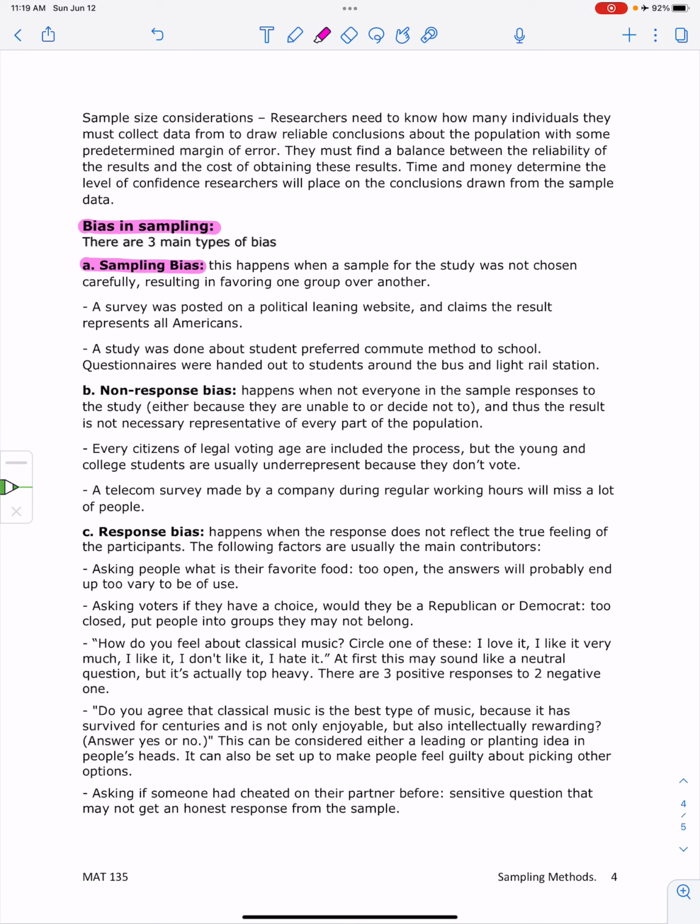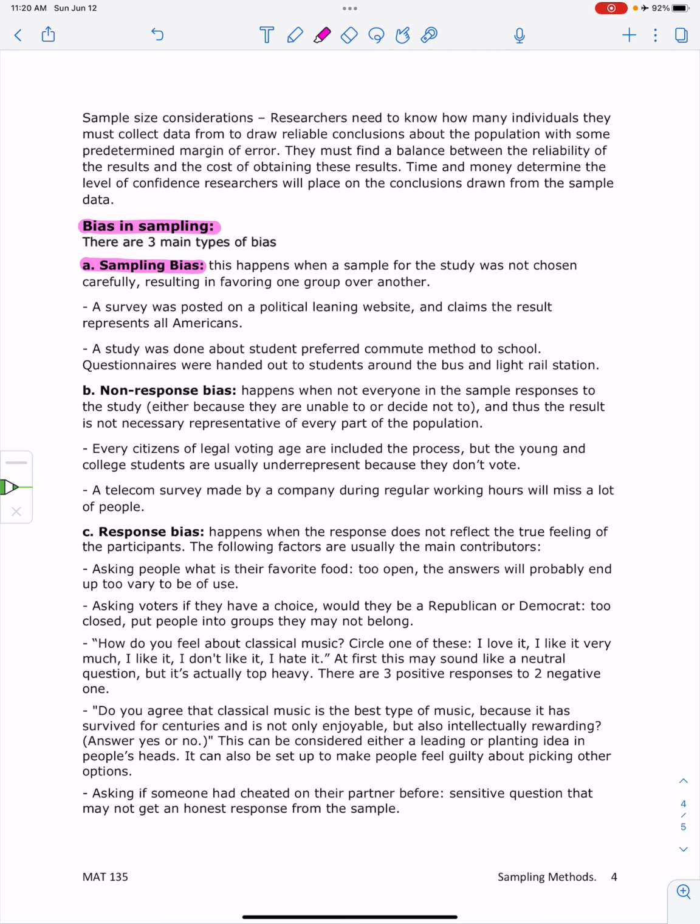If I am sampling classes at CCD and I am looking for information on how students think they're going to use math after school, I will probably get very different results if I sample students that are in STEM field-based classes versus students that are not.